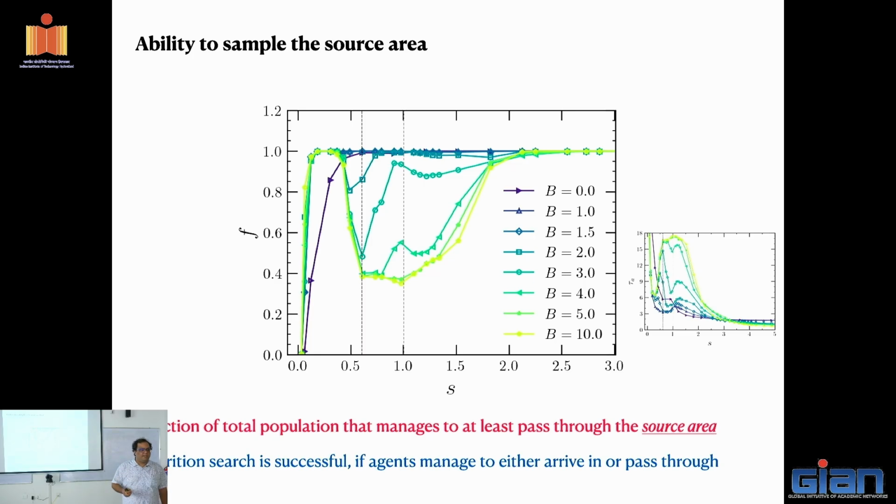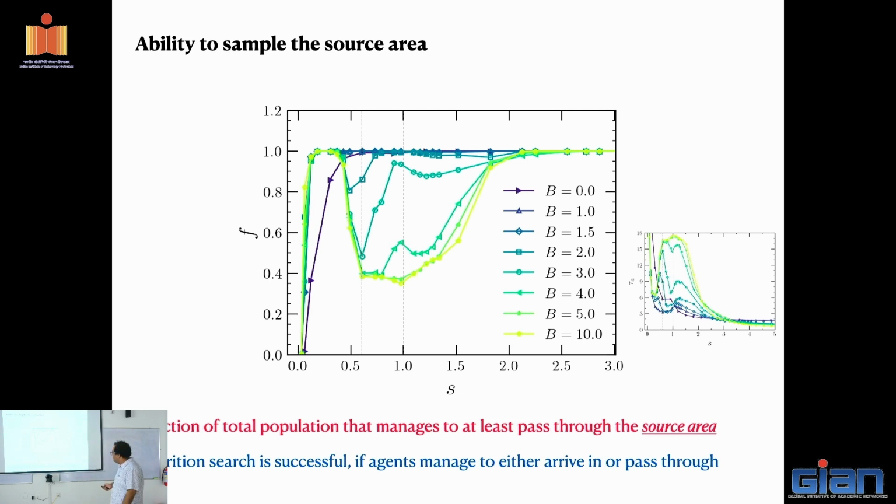Swimming number characterizes the self-propulsion speed. The nutrition search is successful if agents either arrive and sit there, or simply pass through it. I don't care which, but for simplicity I define this as a measure. So there is f versus s.